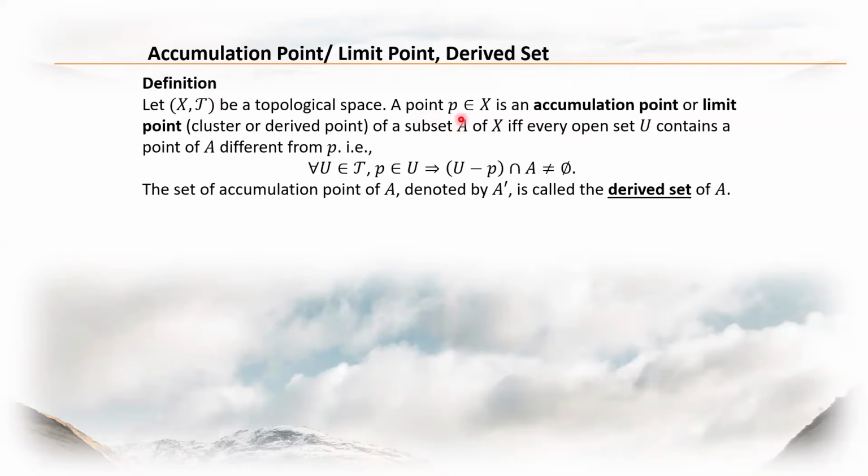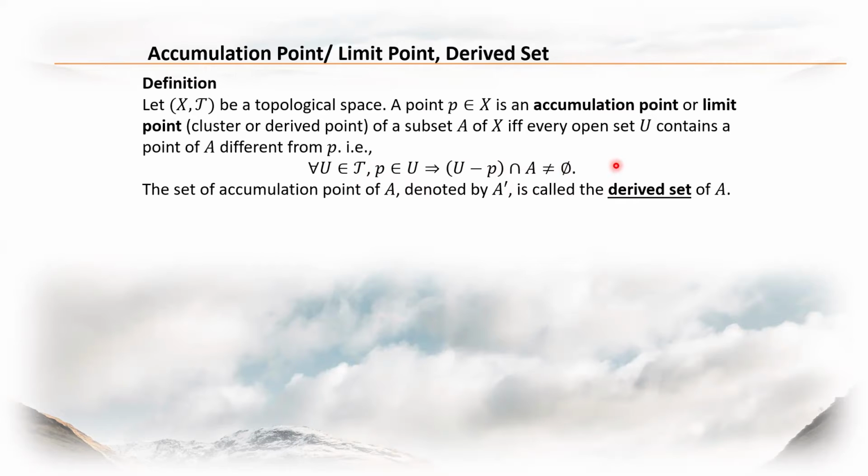It is any subset of X. So that point P, element of X, is an accumulation point of a subset A of X if and only if every set belonging to the topology contains a point of A different from P. That is, for every open set, meaning for every set belonging to tau, to the topology, if point P belongs to that open set, then the intersection of A and that open set without P is not empty.